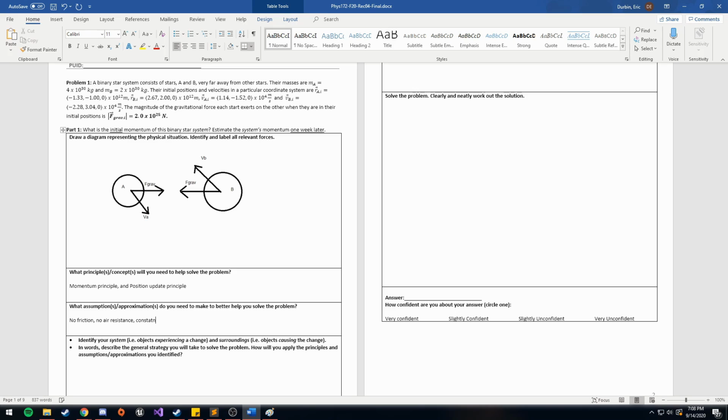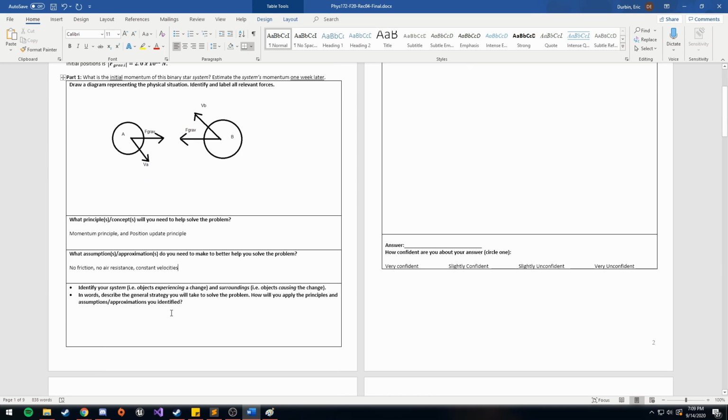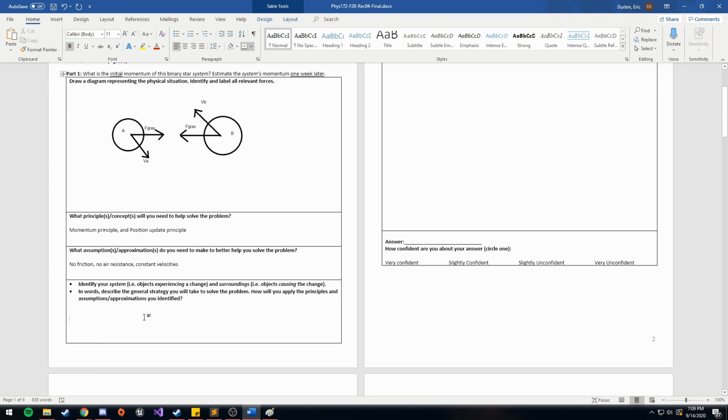We're not near any other large bodies of mass. Yeah, they mentioned that. I think everything else is pretty good.